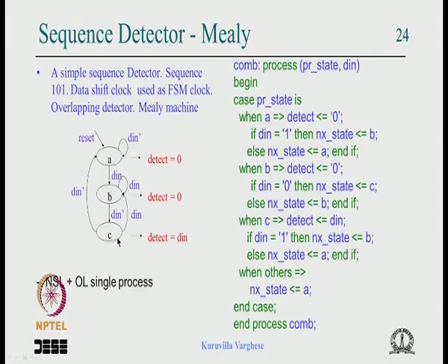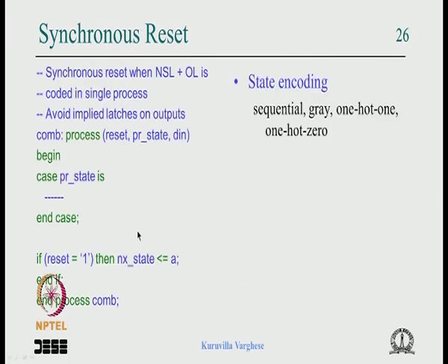Though we have not discussed state assignment and its advantages, which we are going to see in the next lecture, we may have to give a different assignment, which can be specified by a state encoding attribute. So you can have sequential coding. We have seen gray coding; if you do sequential coding you might end up with output racing, so you can use gray coding.